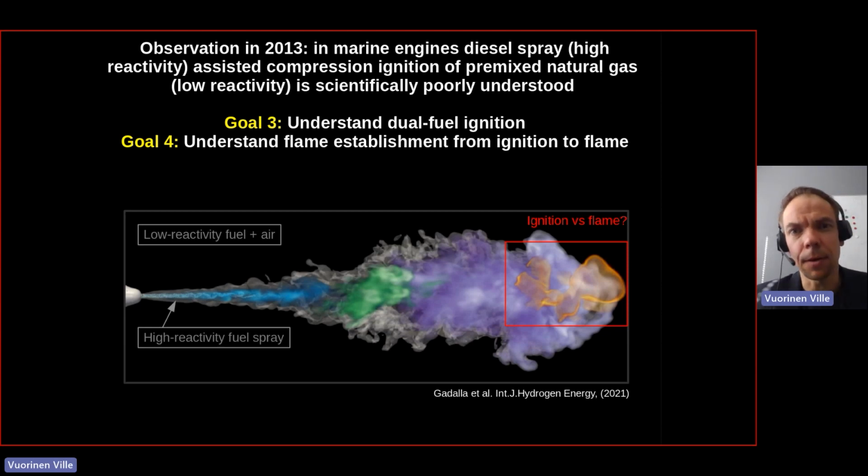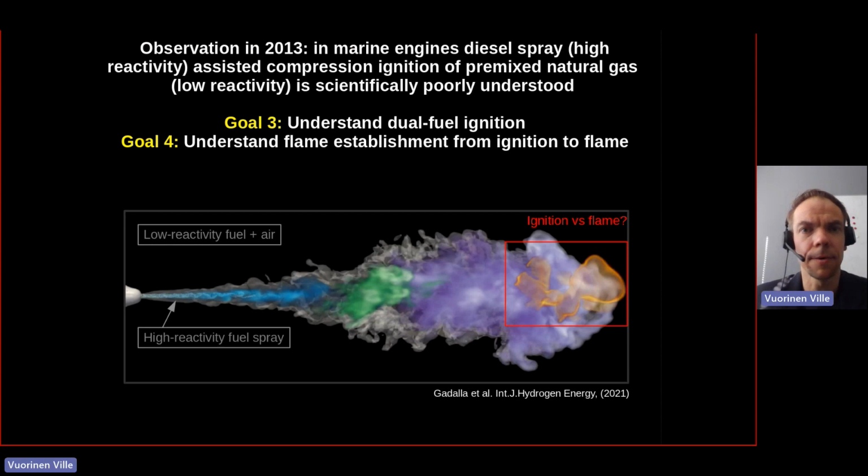You can ignite it by compression very easily, and natural gas has a low reactivity, so it doesn't ignite by compression easily. So we stated further goals, and goal 3 was to understand dual fuel ignition, and goal 4 was to understand flame establishment. So how does the ignition develop into a flame.